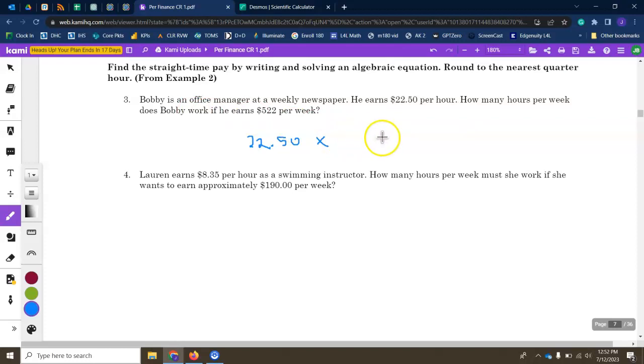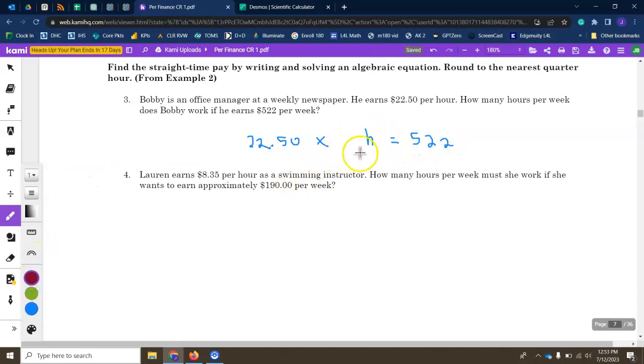How many hours did he work if he earned that much money? Instead of saying that's X, we'll call that H. H is for the hours worked. So $22.50 times H equals the total pay, $522. Our job is to solve for H.